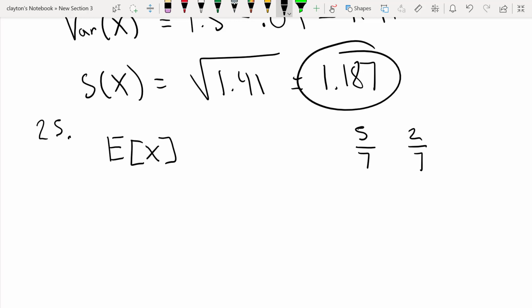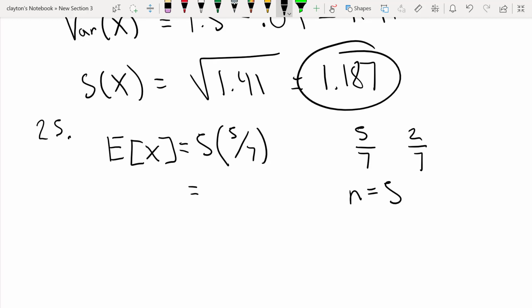This is an expected value problem for a binomial distribution because it says x is the number of red marbles that Susan has in her hand after she selects 5, and here n is equal to 5. And so I'm interested in the expected value of x, which would be n, I've selected 5, times the probability of getting a red one.